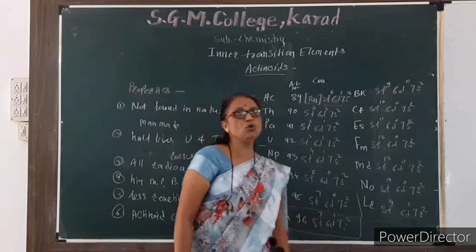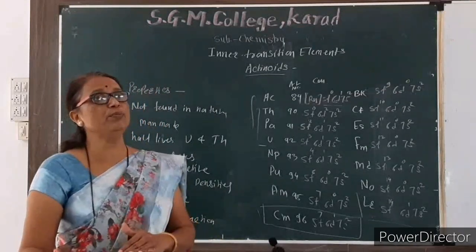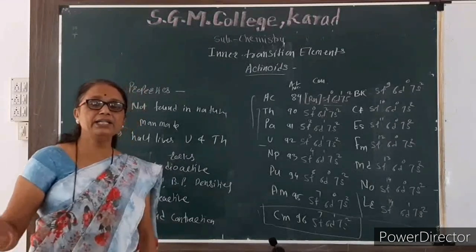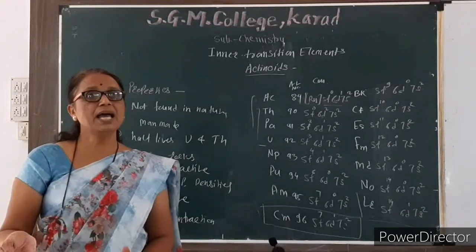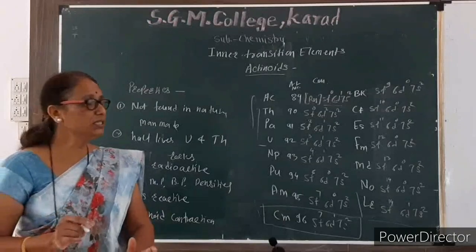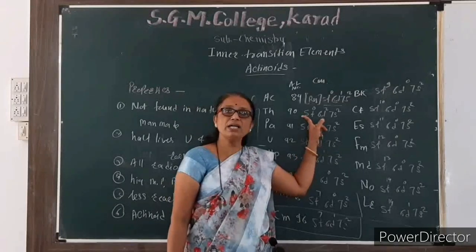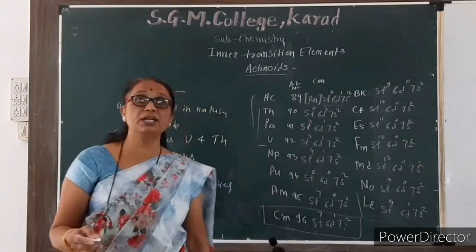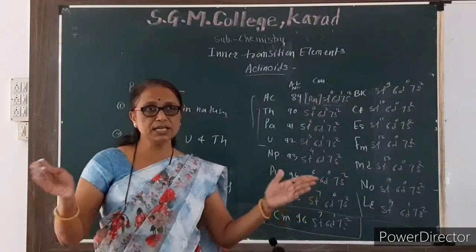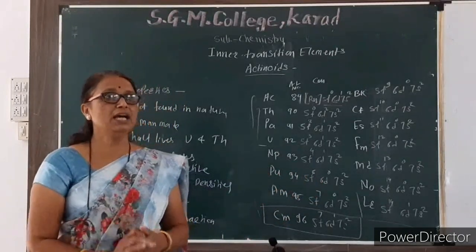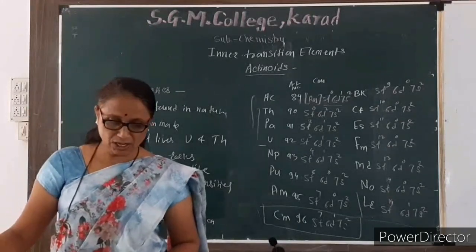This decrease in atomic radius with increase in atomic number in the actinoid series is called the actinoid contraction. But in actinoids, the contraction is more than in lanthanides. Why? Because in actinoids the last electrons enter the 5f orbital, and 5f orbitals have a poorer shielding effect than 4f orbitals. As shielding is poor, attraction between the nucleus and outer electrons is more, and therefore contraction in the actinoid series is more than in the lanthanide series.